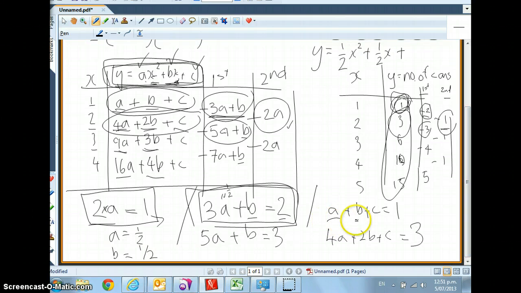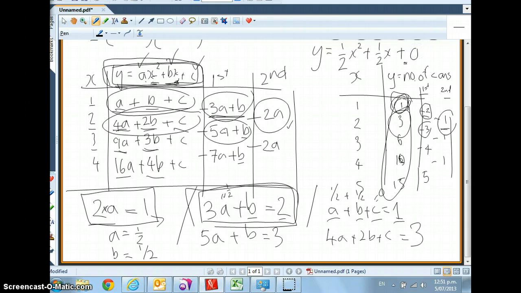Don't forget, a plus b plus c must give 1. So a is half, b is a half. What does that make c? 0. Because a half plus a half is 1, plus something else has to give 1. So c must be 0. So up here, c must be 0.